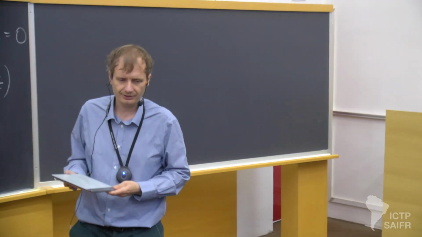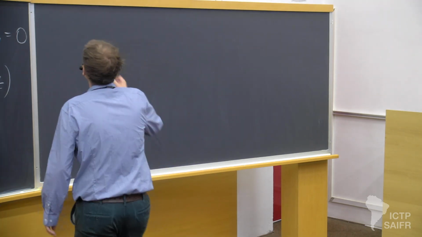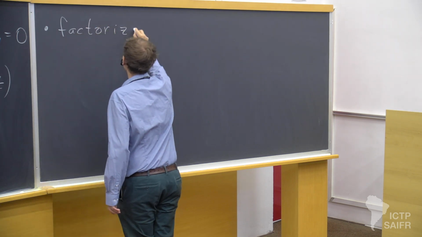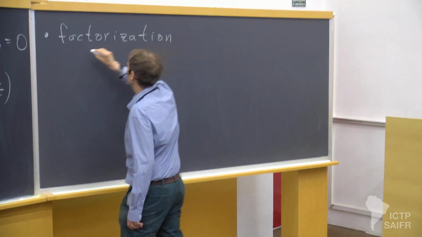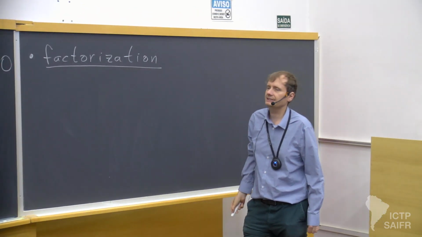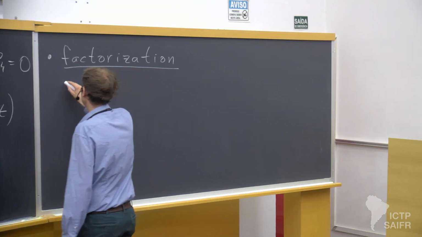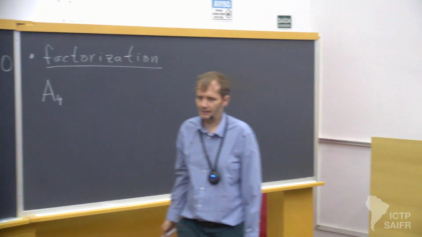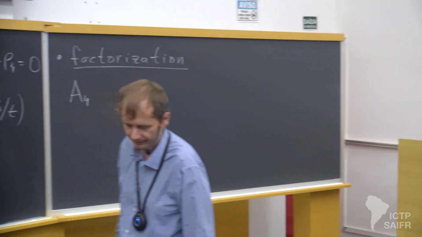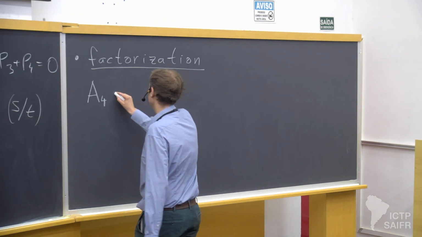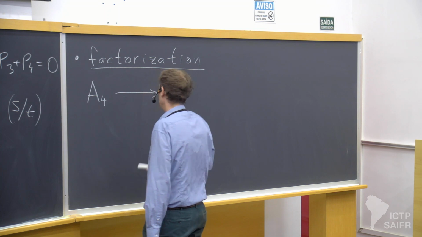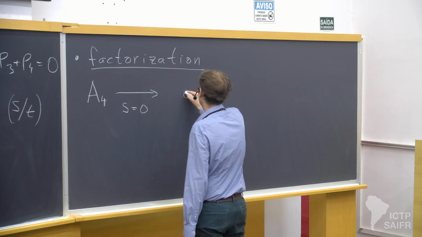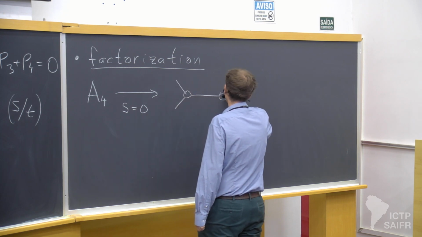So there is an important condition that the 4-point amplitude satisfies, and this is factorization. The factorization property tells us that the 4-point amplitude must factorize into a product of 3-point amplitudes on the special kinematics. So if we send S to 0, the 4-point amplitude must factorize into a product of 3-point amplitudes.